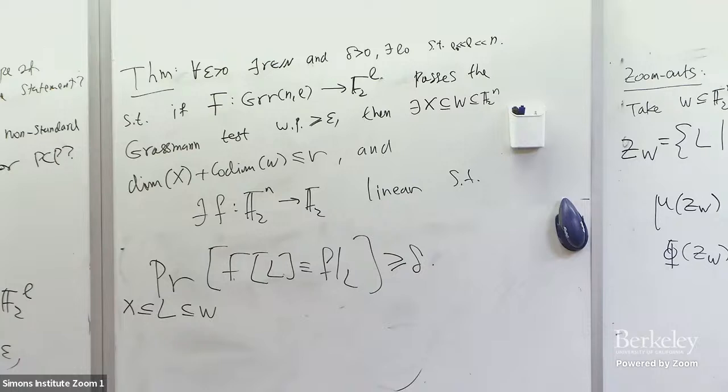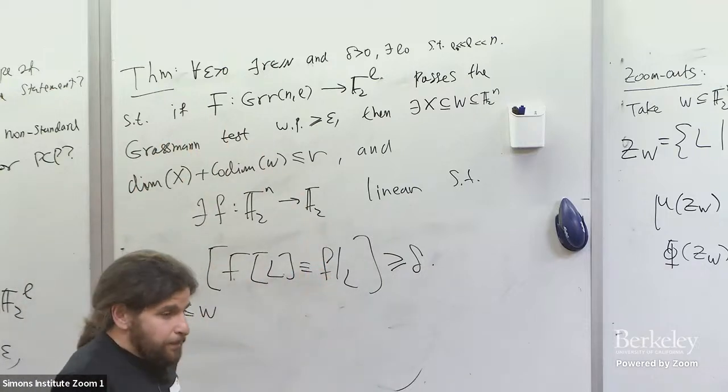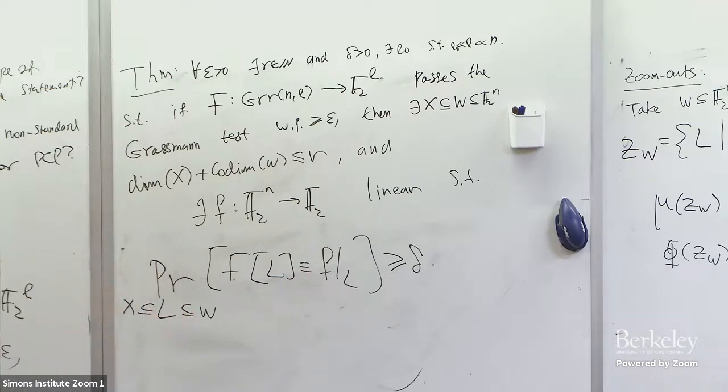But you should think of R as, so R is actually going to be log 1 over epsilon. No, but I want it for every L large enough.